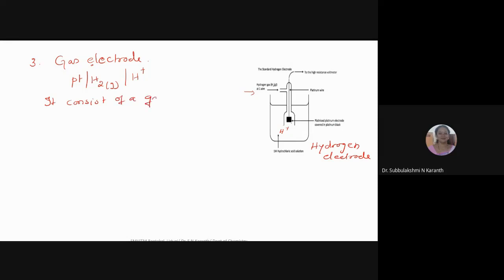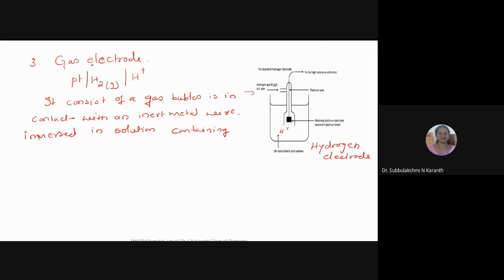So, the gas electrode we may consider as consisting of gas bubbles in contact with an inert metal wire, which is immersed in a solution containing ions of the gas molecules.